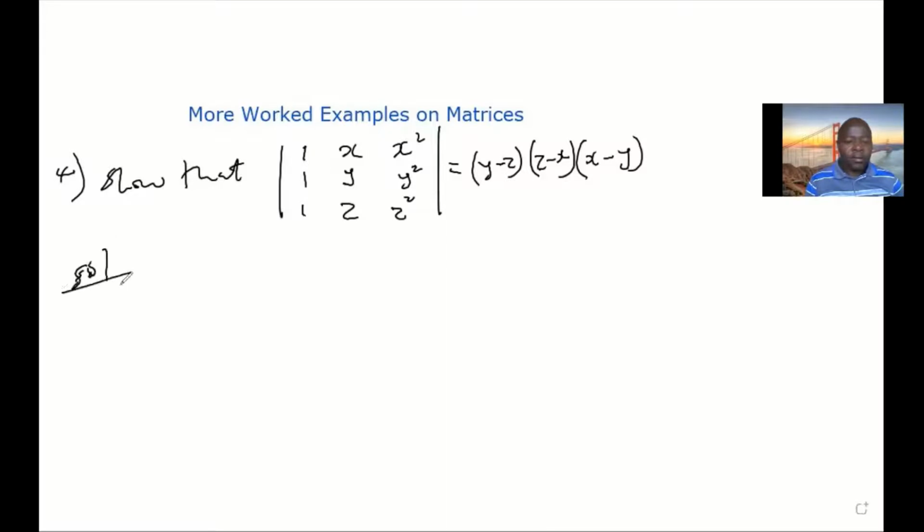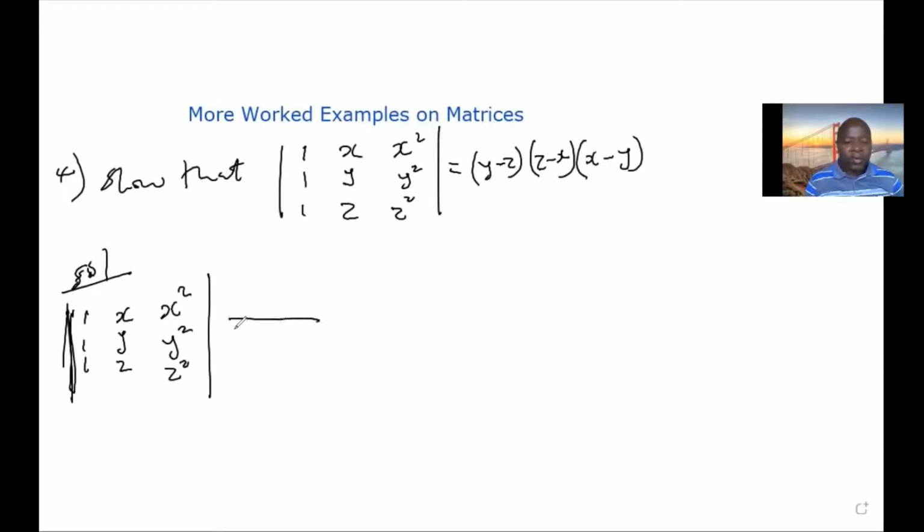Solution. What I have is the determinant of 1, 1, 1, x, y, z, and then x square, y square, z square. These are supposed to be vertical lines to mean a determinant.